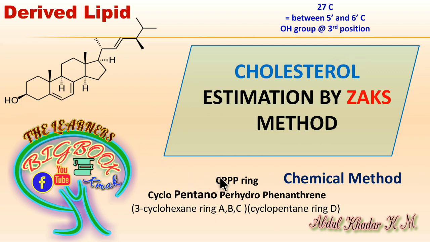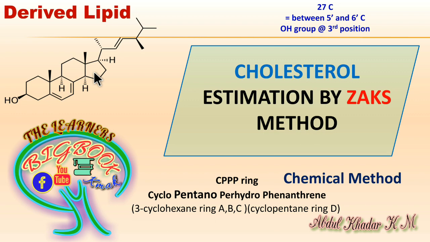It has the CPPP ring, that is the cyclopentano perhydrophenanthrene ring, which is nothing but 3 cyclohexane rings, A, B and C. This one is A, this one is B, this one is C, and the cyclopentane ring is D, this one. So this is the structure.